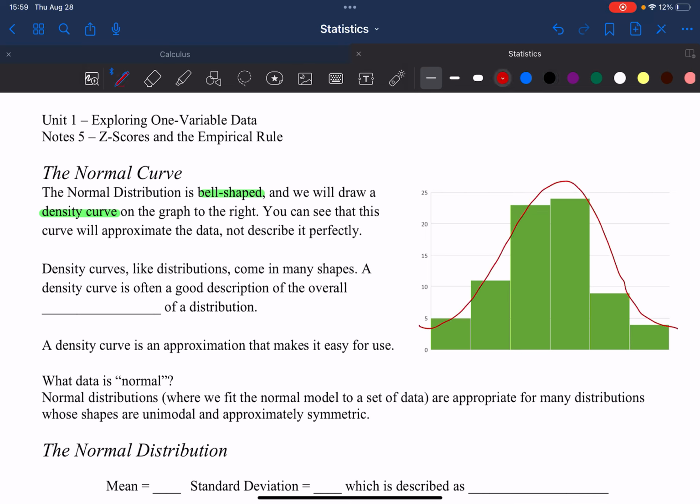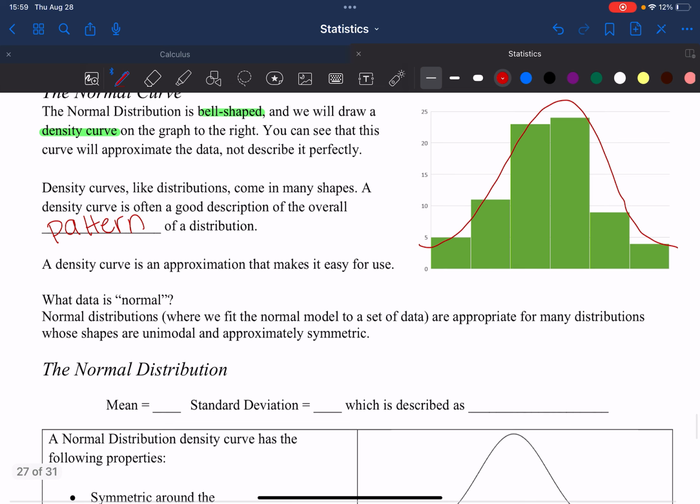Notice when I draw this, it is bell-shaped. What this density curve does is it describes the pattern of the distribution. What makes data normal? Normal distributions are appropriate for many distributions whose shape are unimodal and approximately symmetric.